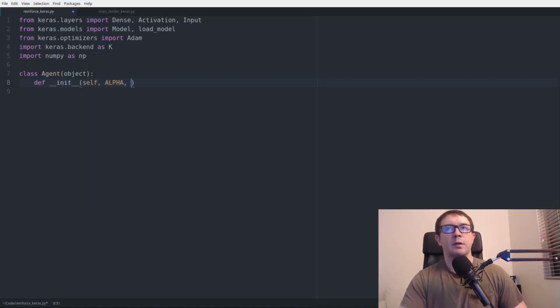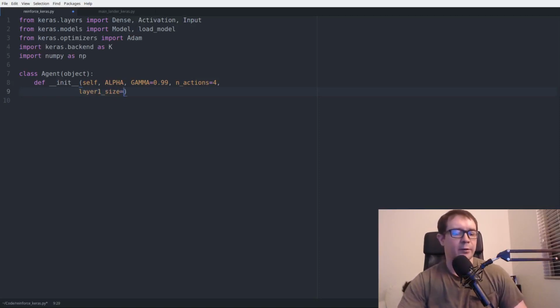So the first thing we want to pass is a learning rate alpha, a discount factor gamma. If you're not familiar with reinforcement learning, gamma is how much the agent chooses to discount future rewards, and it is a value bound between 0 and 1, typically something like 0.99 down to 0.95. For Lunar Lander, we're going to have 4 actions as our default, and we're going to have some default sizes for our layers.